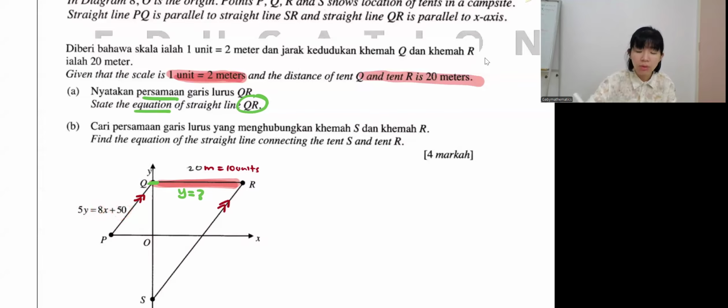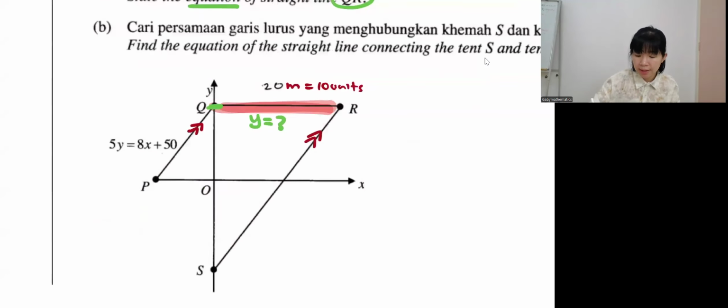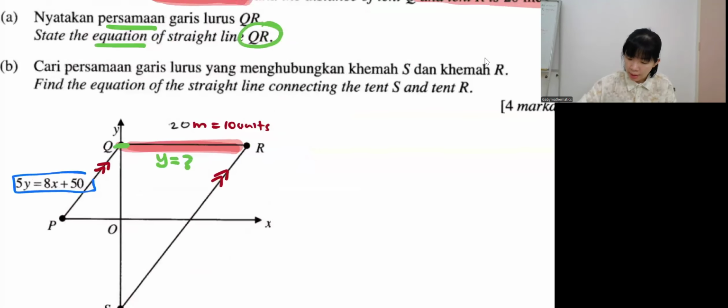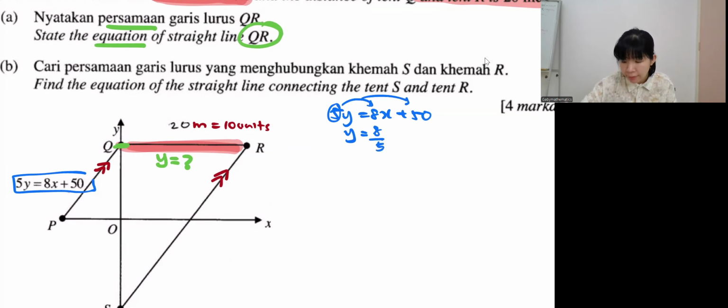You need to arrange it first. 5y equals 8x plus 50. I want y only, so move the 5 over and divide: 8 divided by 5 times x, plus 50 also divided by 5. So y equals 8 over 5x plus 10.